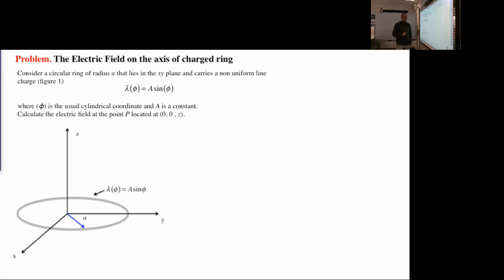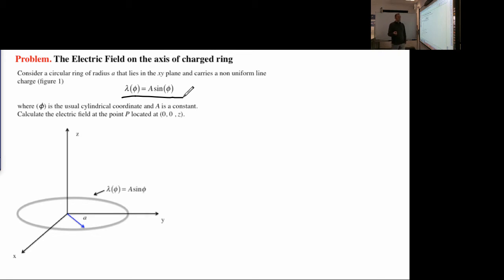Okay, so in this lesson we're going to look at solving for the electric field, which is given by some charge distribution. In this particular example we're going to consider a circular ring of radius A. The ring lies in the xy plane and it carries a non-uniform line charge which is given by lambda equal to A sine phi.